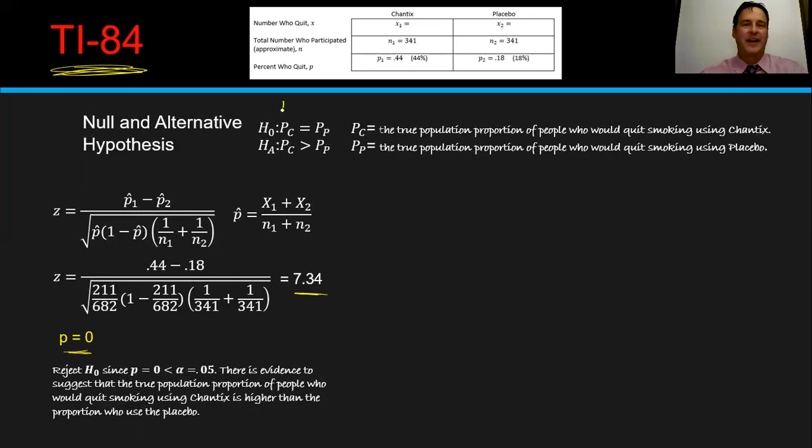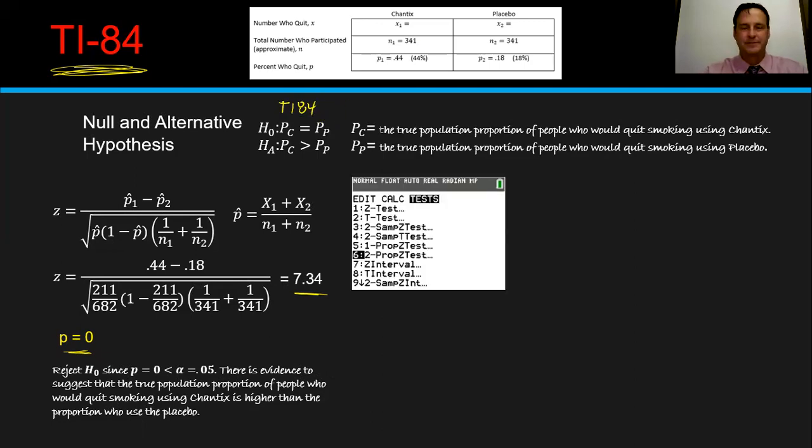You could say, hey, we're going to use our TI-84, and what we're going to do is this command. We're going to go to stat, and then we're going to go over to tests. In this case, it is number 6, which is a 2 proportion z-test.